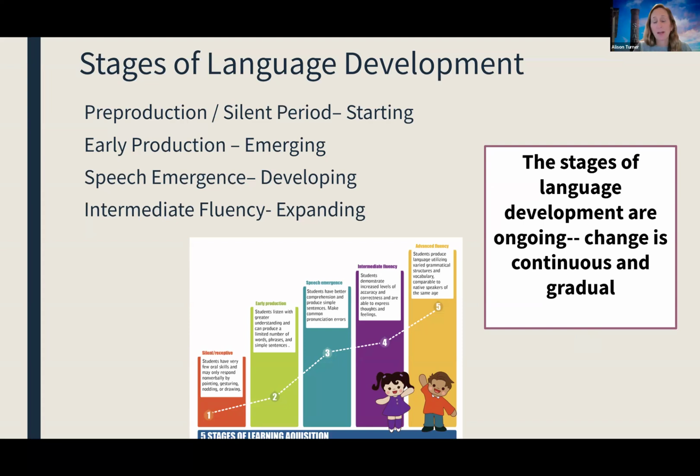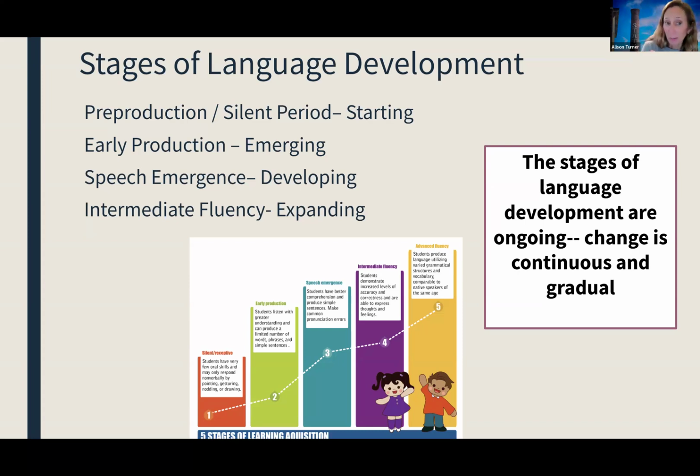So in this type of period, you really want to be cognizant of having them demonstrate understanding by pointing, by thumbs up, thumbs down, by sorting objects, by putting pictures in order, doing things like that, but not producing language. So they're very much in the receptive part of language learning and not the productive side.